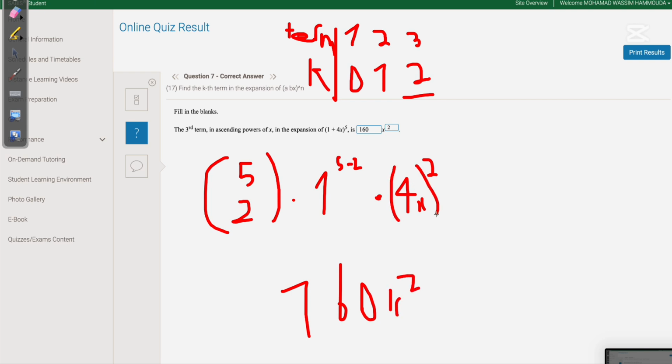By the way, do not make the same mistake as I did by not distributing the square, because without the parentheses it would be just 4x squared, but we need to square the 4 and the x to make it 16x squared.